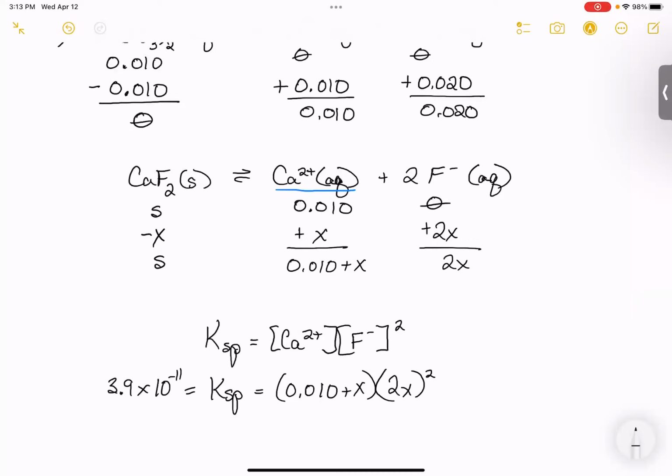Now, you may recall when we started equilibria, we talked about an assumption that could be made about the dissociation of a substance when you had a very small equilibrium constant.